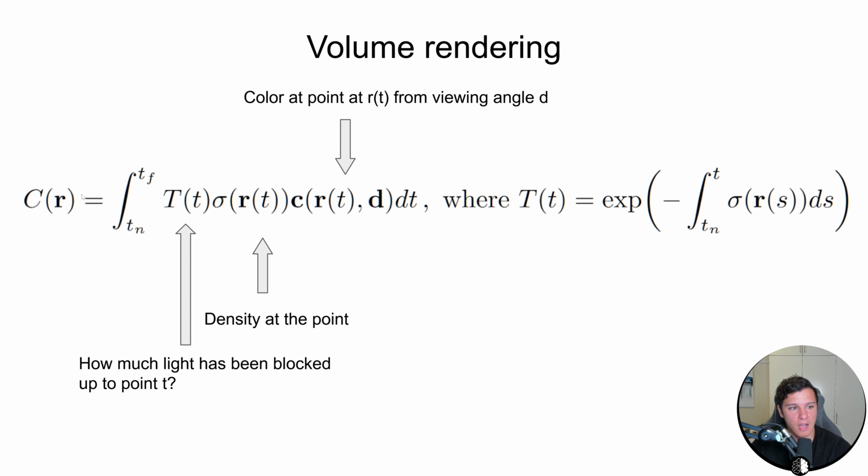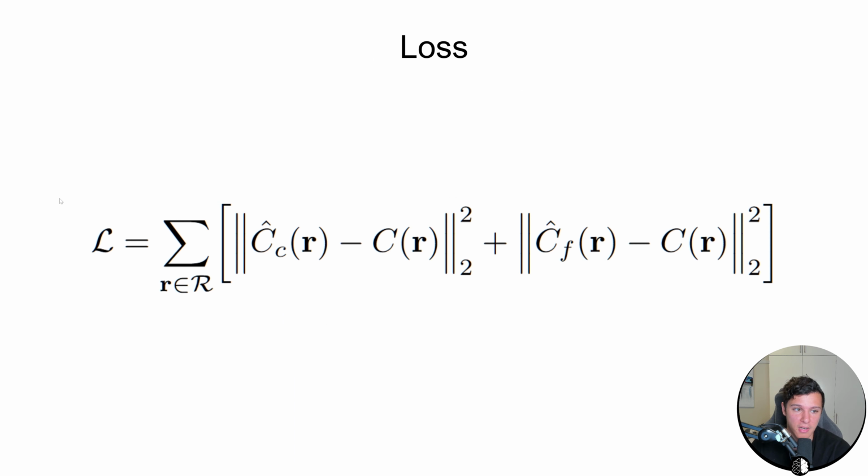All right, so now that we got this color, what we think is the color of the point from all the points of the ray, we need to compare it, right? So for the loss, we take a sort of L2 loss. This is a little bit confusing, I will get to this later on.